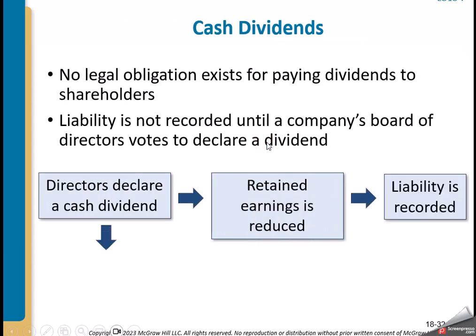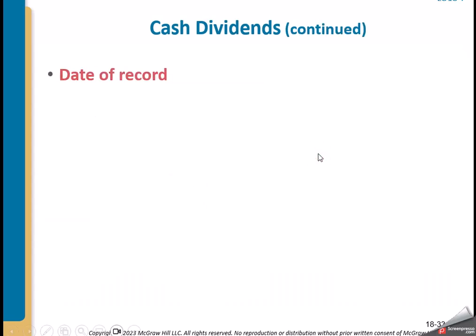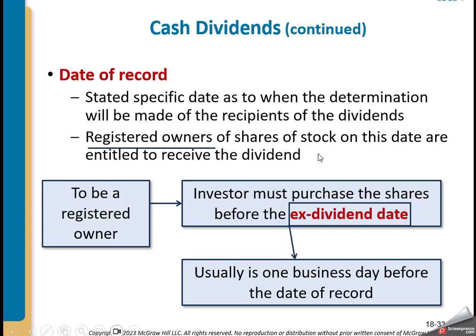But in a regular scenario, we've got the earnings. We're gonna declare a dividend, and then it's gonna come out of our retained earnings and then create a dividend liability. There's normally a timing difference between when we declare the dividend and when we pay it. So the board of directors will declare a dividend and they'll pay it on a specific date of record.